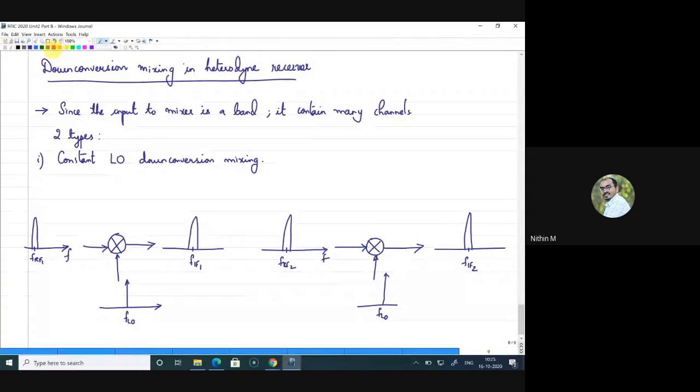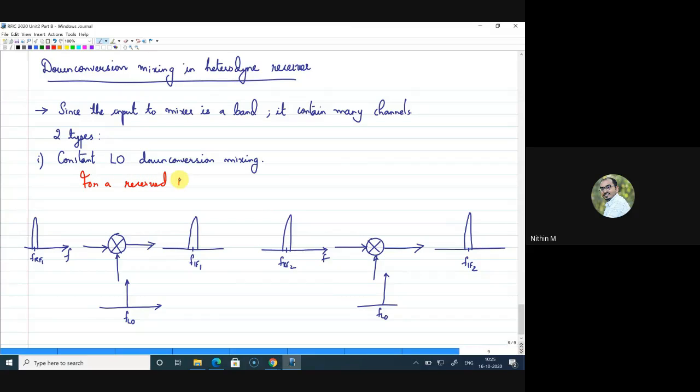So what we do here is, for a received N channel band, each channel in this band is down converted to a different IF channel.